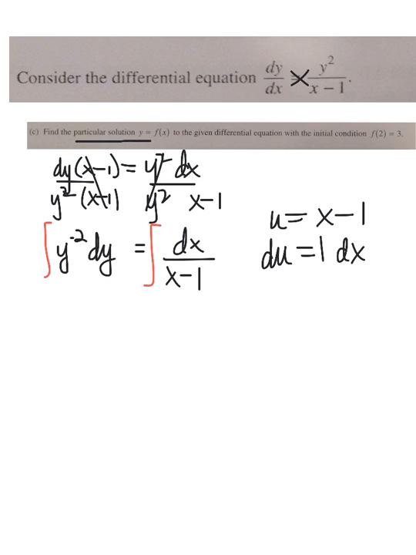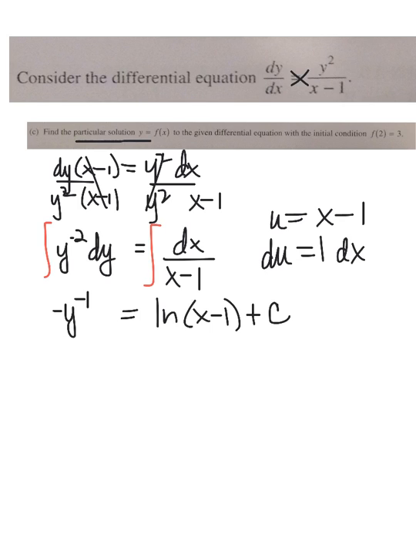So on the left-hand side here, I'm going to have negative y to the negative first power equals, and on the right-hand side, I have du over u, which when I take its integral is the ln of u, which is x minus 1. And then don't forget that we have to put plus c. Okay?